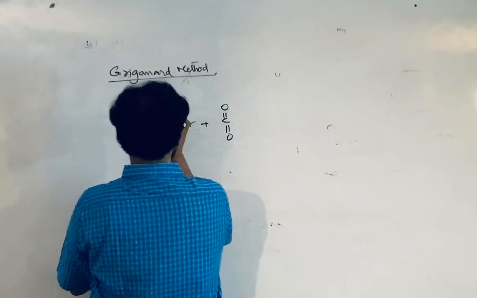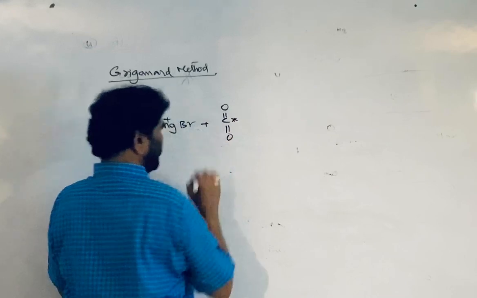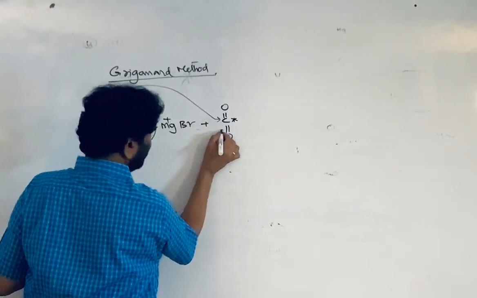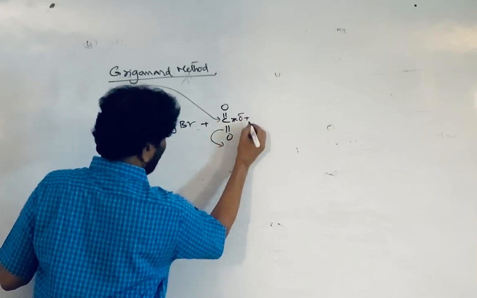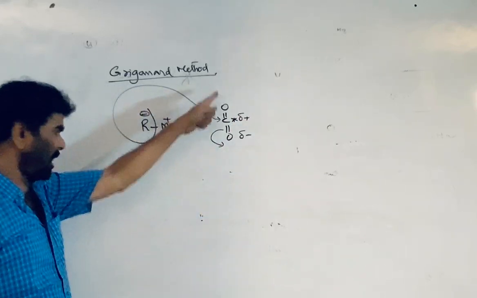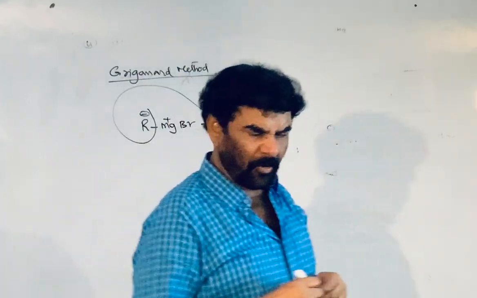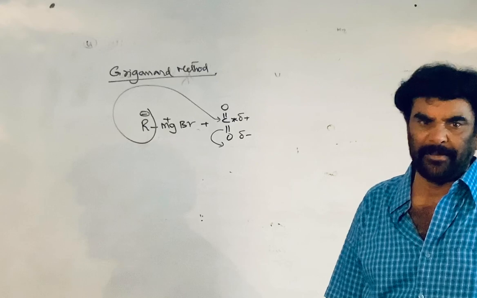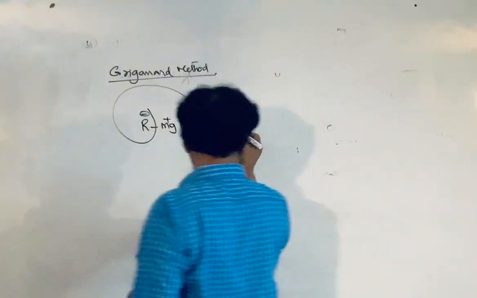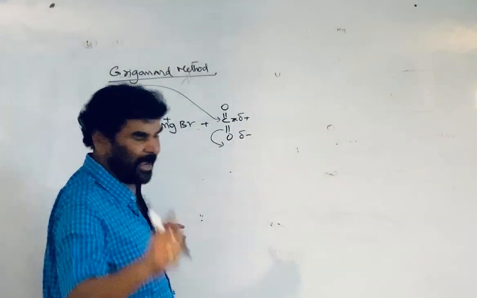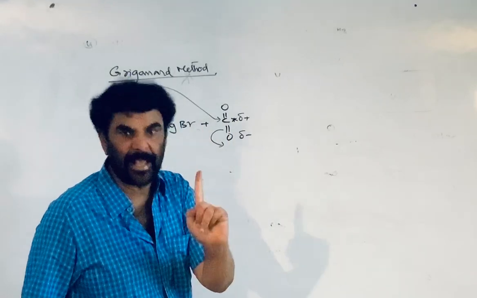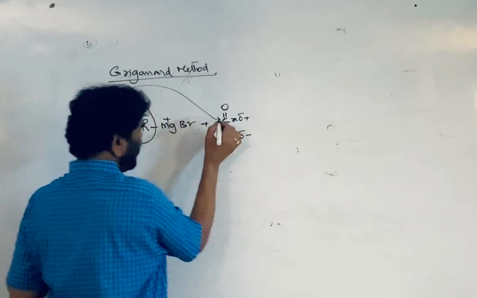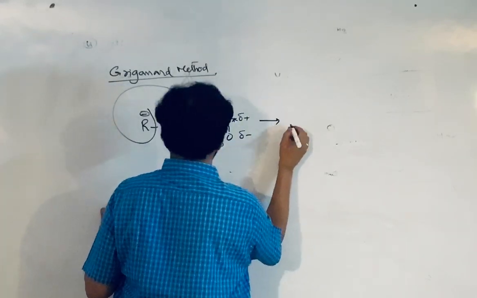Now, what happens? Carbon dioxide is an electrophile. The R minus ion attacks it; the carbon has a positive charge and the oxygen a negative charge in carbon dioxide. A polar compound containing multiple bonds acts as an electrophile. Carbon dioxide is an electrophile, and sulfur dioxide is an electrophile, that is, molecular electrophiles. The R minus ion attacks and the pi bond is polarized toward the oxygen side.